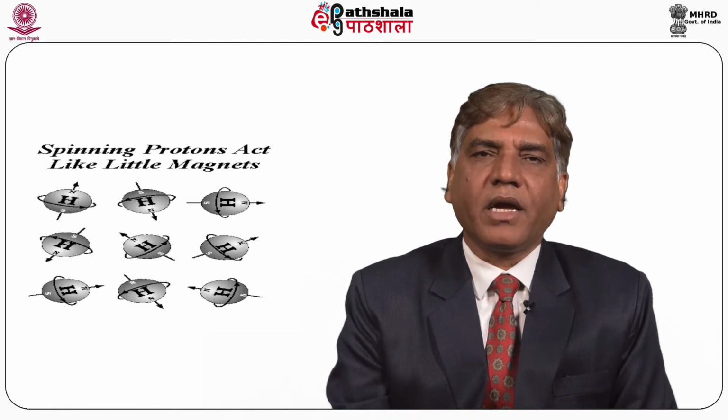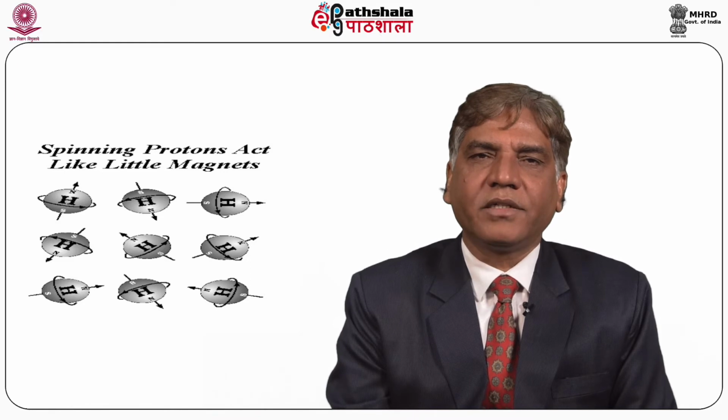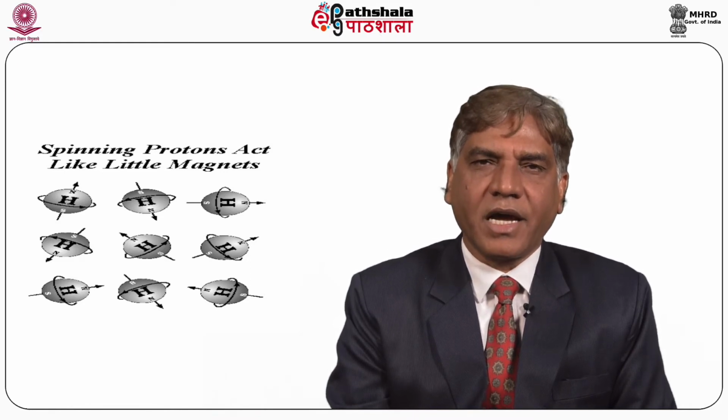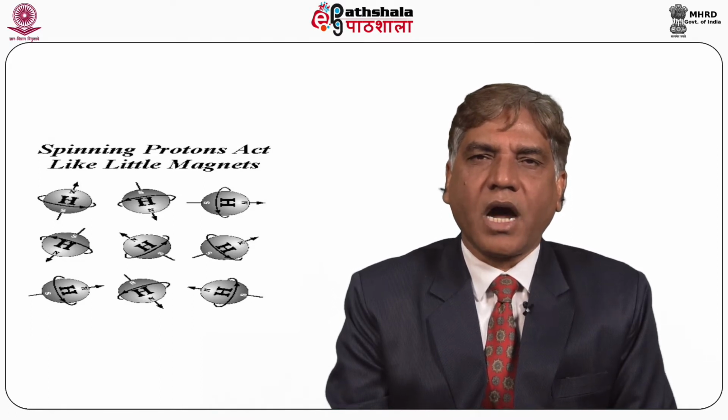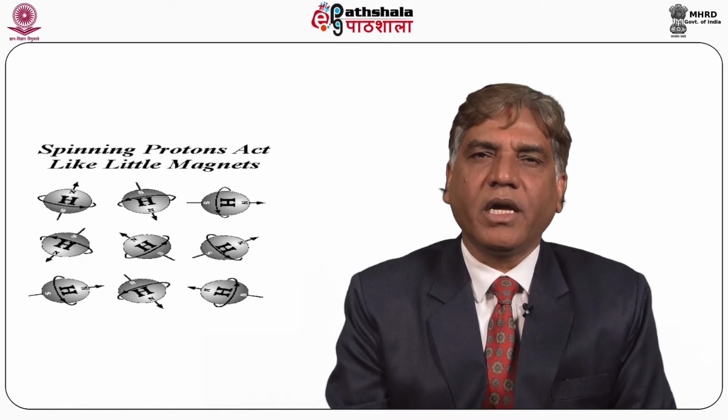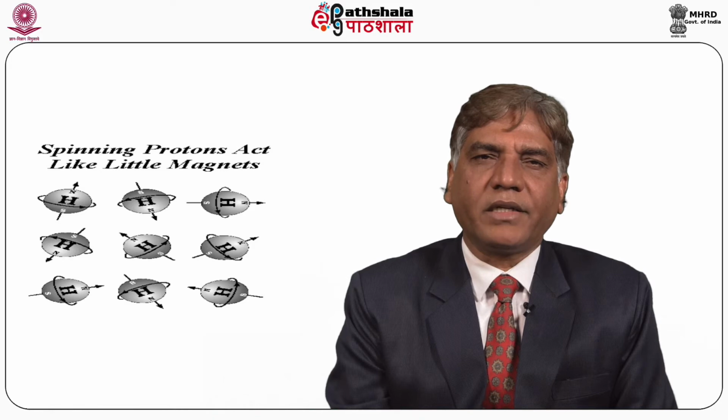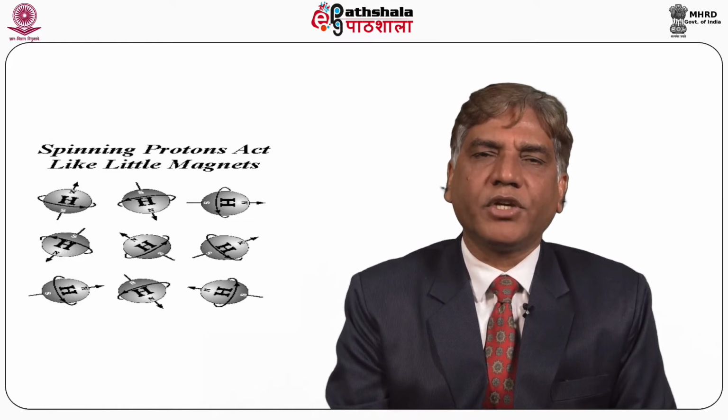In MRI, it is assumed that the patient is placed along the z-axis and an external magnetic field is applied along the patient. Hydrogen nuclei are randomly oriented in the patient's body in absence of any magnetic fields, hence there is no magnetization present in the sample, and therefore net magnetization is zero.